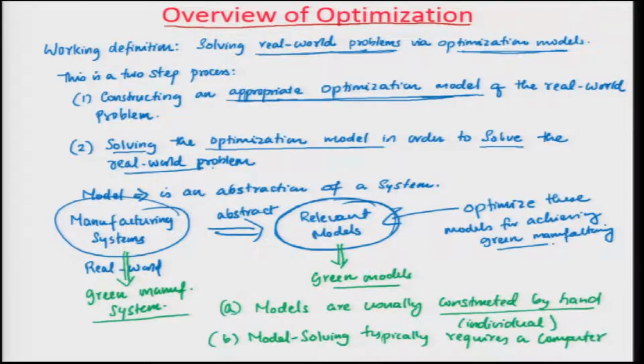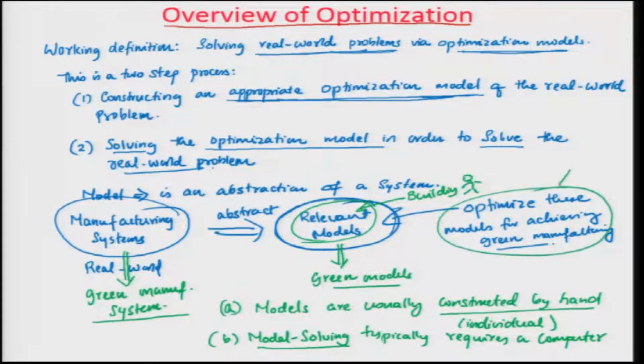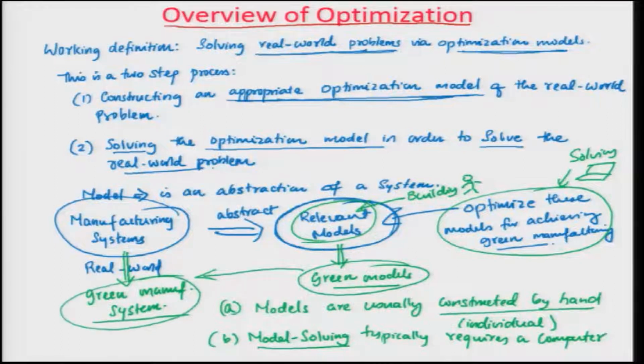So when you abstract, the building of the model requires an individual, while the optimization, the solving, requires a computer. Once you solve this, the green model will result in what we call a green manufacturing system.